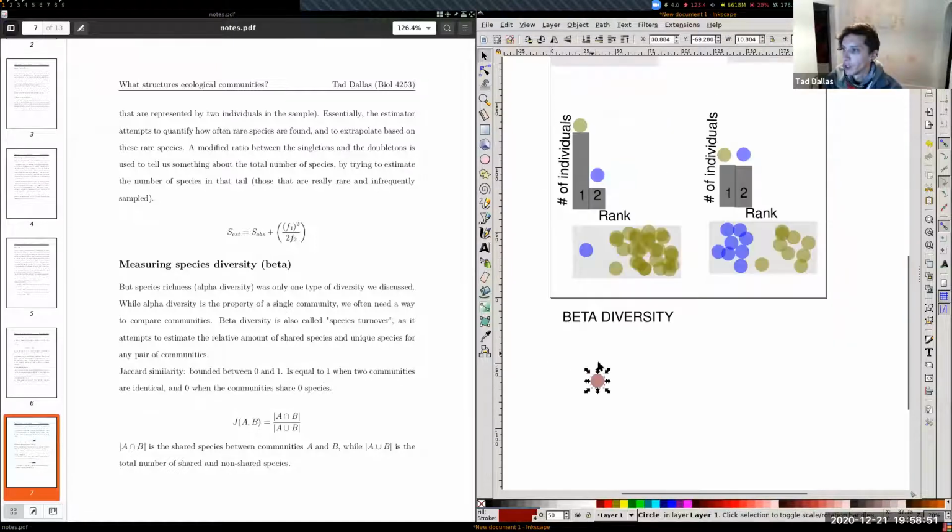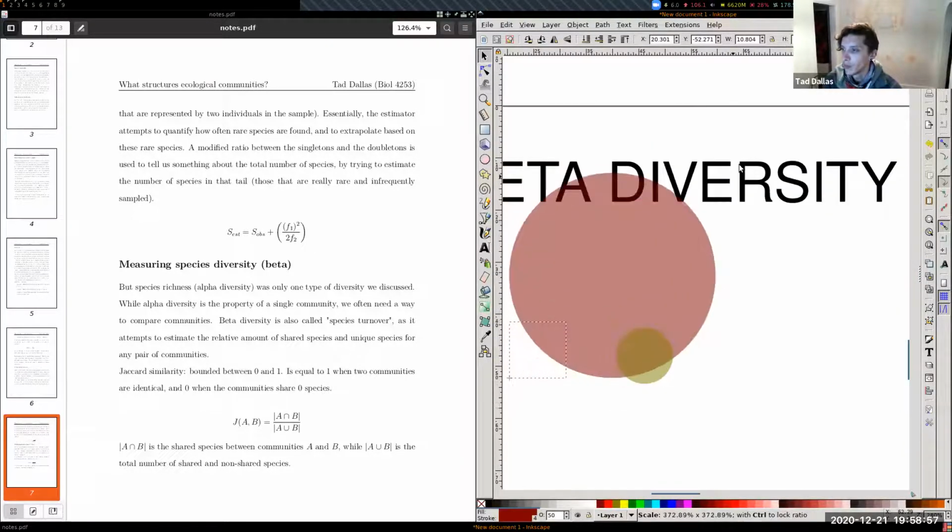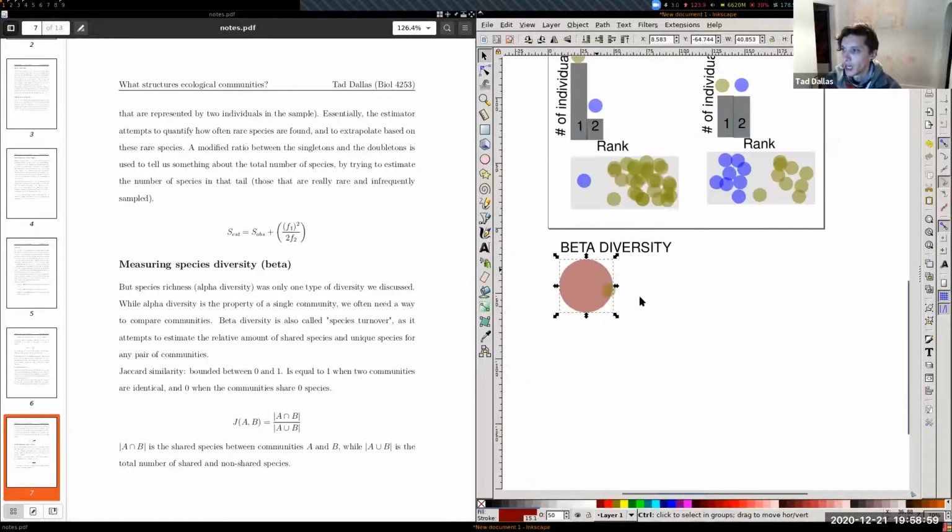For that, I'm going to need one of these. And one of these. Okay. So now these circles, instead of representing species, I'll change their colors so that we don't think of them as species. Oh, that is a very bright green. Oh, we already had that green. That's still a species.